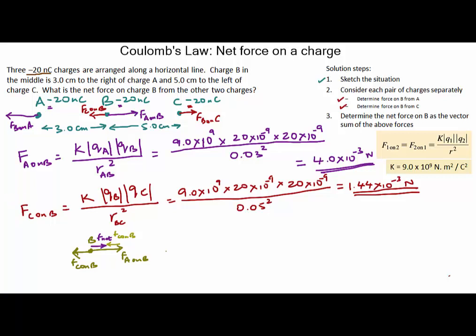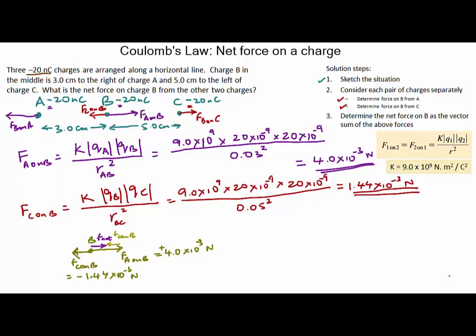I know that F A on B is 4.0 times 10 to the negative 3 newtons. And I'm going to call that a positive value because it's acting to the right. And F C on B, I'm going to give a negative value because it's acting to the left, and that's 1.44 times 10 to the negative 3 newtons.